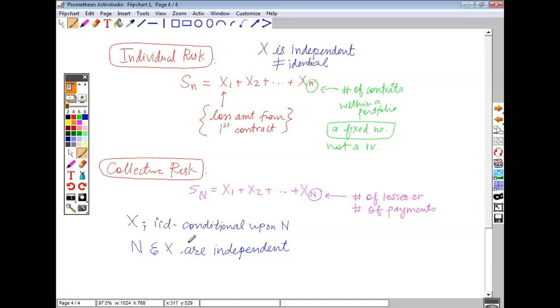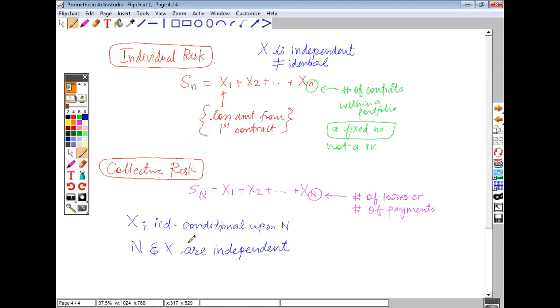But again, here we know that the severity of the claims will be independent and identically distributed if I know the number of losses I have incurred. And I also assume that the number of claims and the amount of losses will be independent of each other.